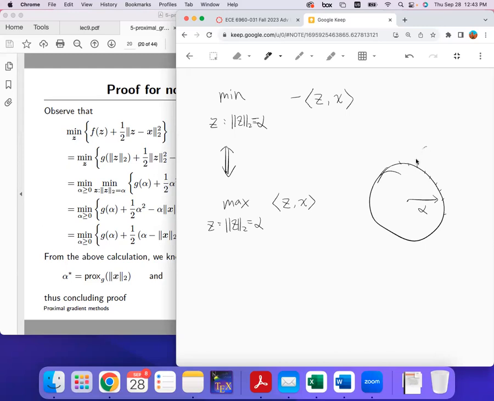And this is our constraint set. And the question is, on this ball with radius alpha, what is the vector that has the maximum correlation with x? Right, suppose this is x.